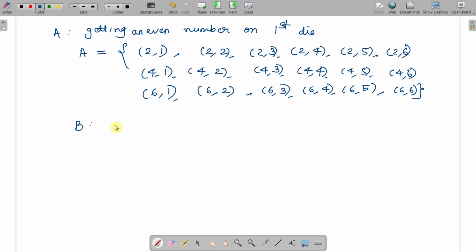Now event B is what? Getting an odd number on first die.